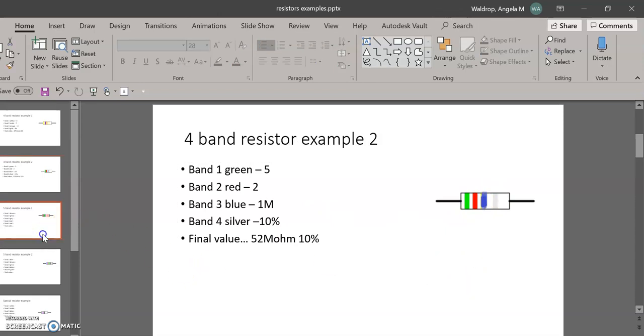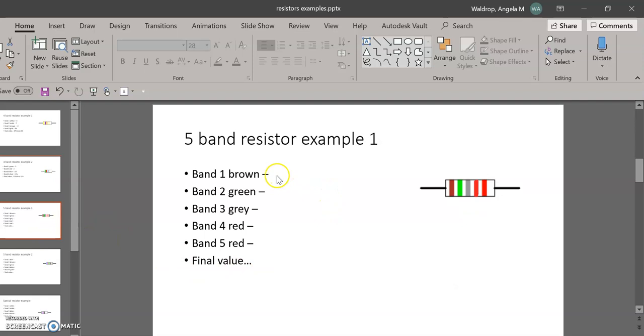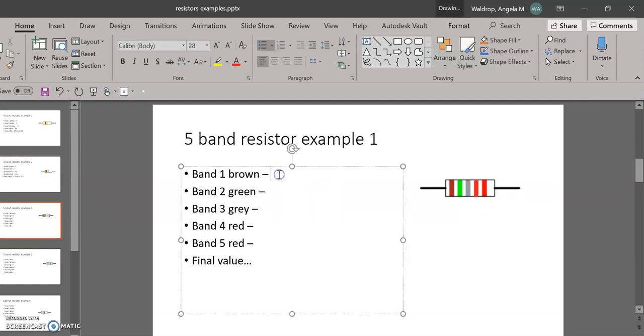All right, let's look at the 5-band examples. I've got 2 of those here for you. For the first example, I've got brown, green, gray, red, and red. It's a little hard to cram that on there, so we're going to assume that the last red is off by itself. The brown is a 1.